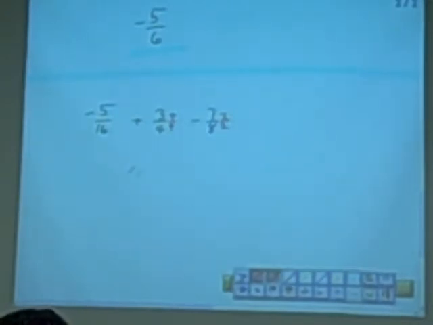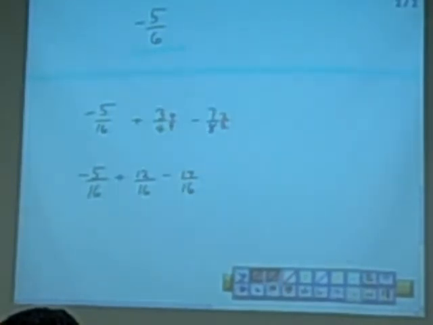Okay, so this will be, again, you're saying this mentally in your head, negative 5 over 16 plus 3 times 4 is 12 over 4 times 4 is 16 minus 7 times 2 is 14, over 2 times 8 is 16.